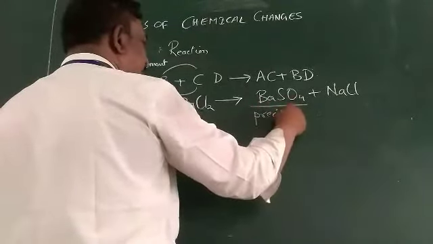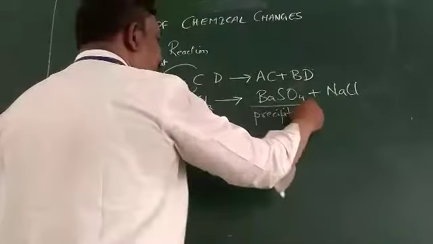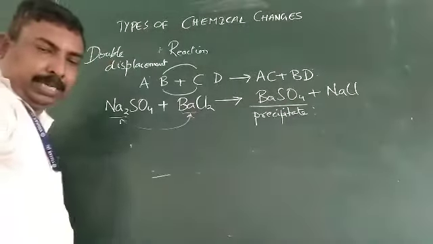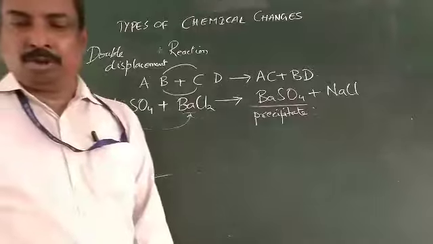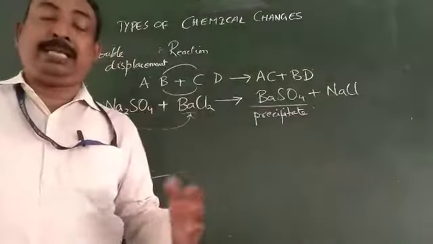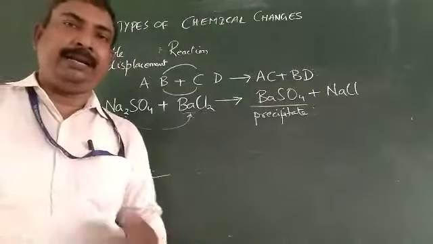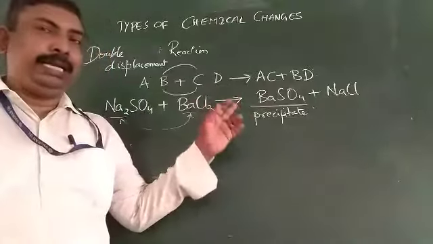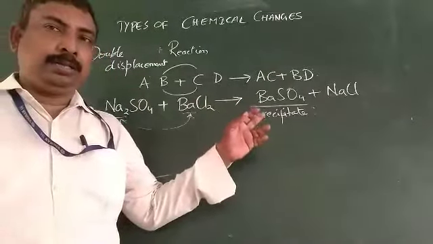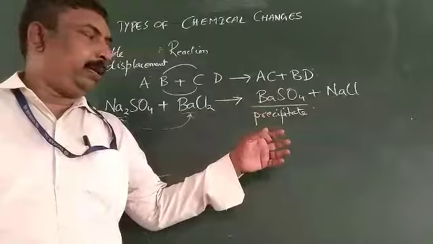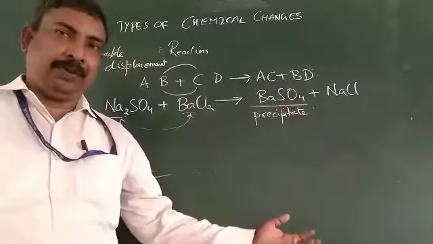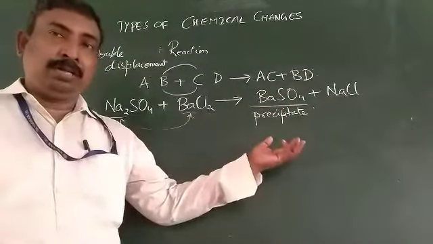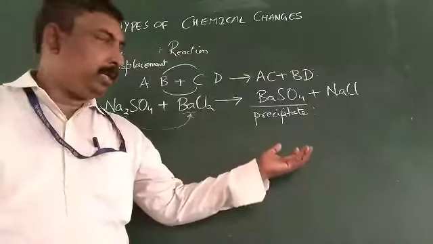We will call it a precipitate. This reaction is also called a precipitate reaction. An undissolved solid or chemical in that solution settles down. That undissolved substance which settled down, we will call it precipitate.